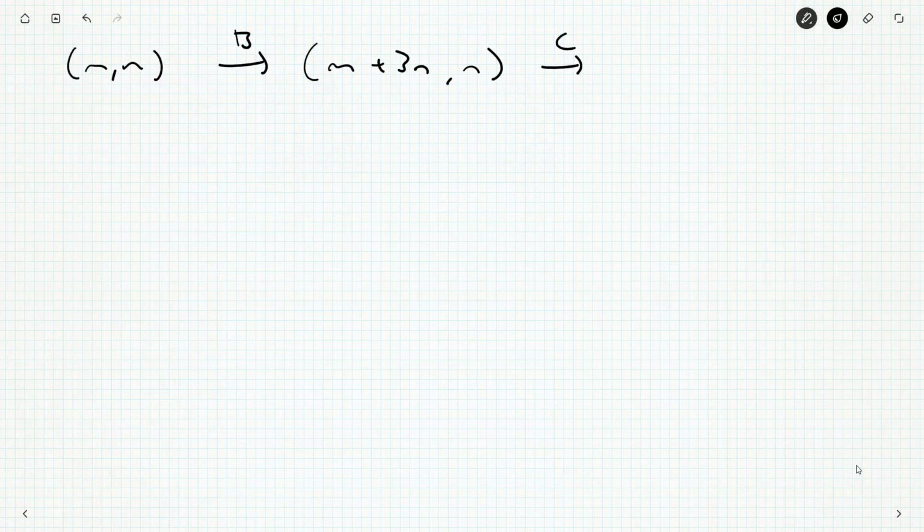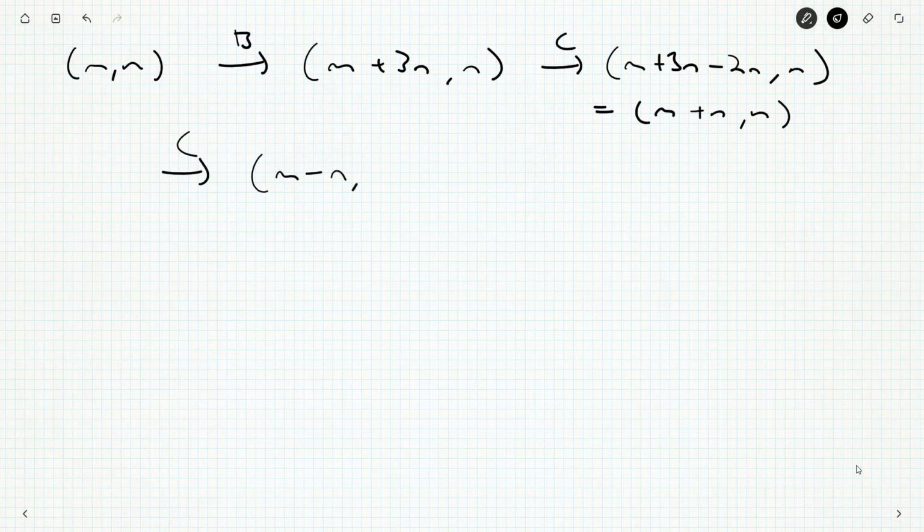And then if I apply C, I'll get m plus 3n minus 2n, which is just m plus n. And if I apply C one more time, I've got m minus n. This really is doing the greatest common divisor. And that's what you're going to have in common.